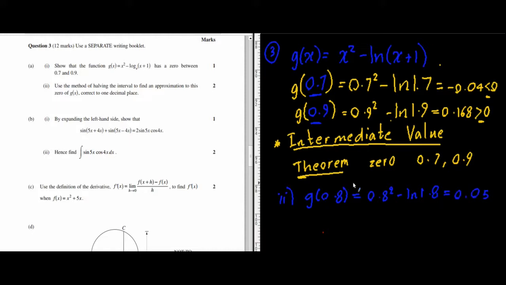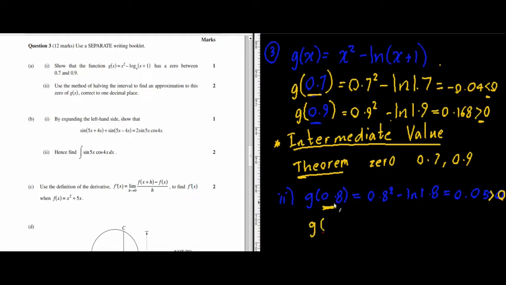Because that's positive, what this is telling me is that my zero lies between 0.8 and 0.7. But you can't just choose 0.7 or 0.8 simply because one value is close to the other. You can't do that.